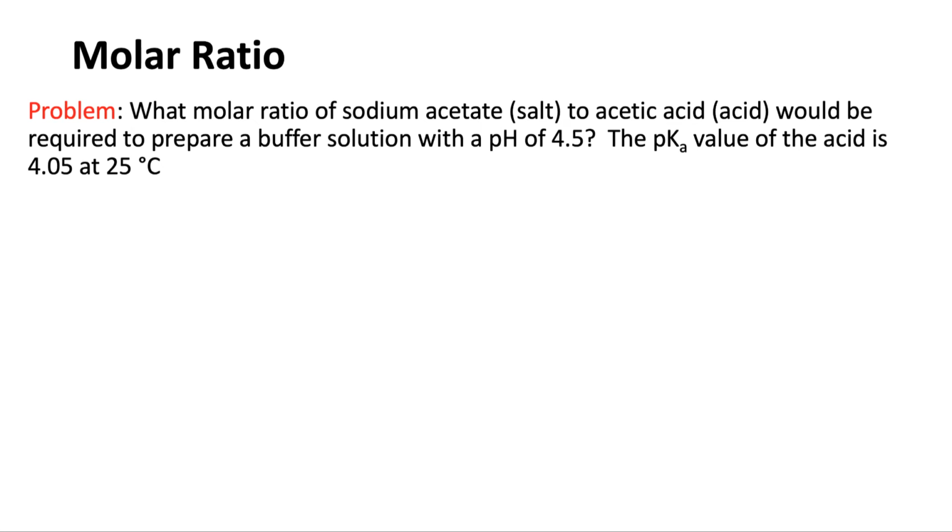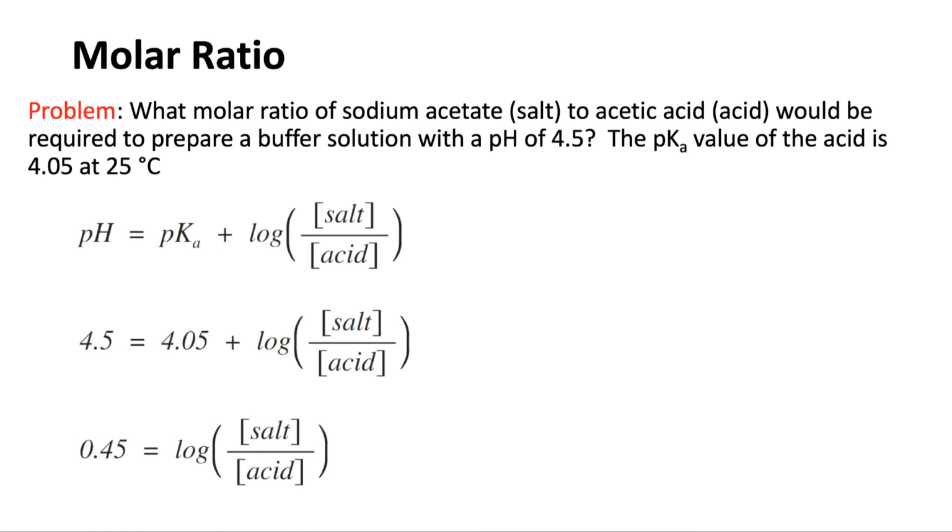The only additional information we would need to solve this is that the pKa value for the acid, which is acetic acid in this example, is 4.05 at 25 degrees Celsius. Stay calm. Remember, on these questions we always tend to fall back on our Henderson-Hasselbalch formula.